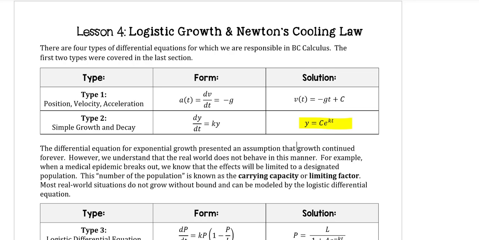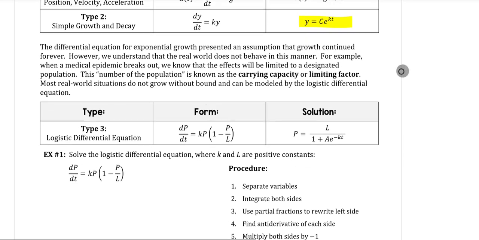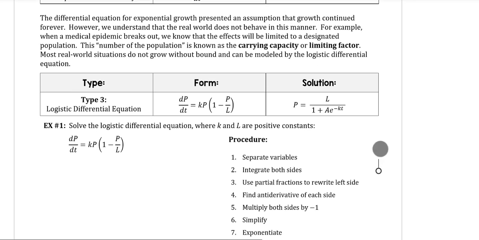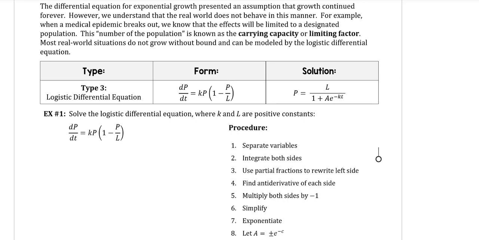Now in this lesson, we're going to talk about 2 different types of exponential growth. Well, one's not exponential growth. Newton's law of cooling is exponential, but it's not necessarily growth. But logistic growth is a more realistic form of exponential growth. We have talked about this in pre-calc: there is a limit to how much something can grow based on space, available resources, that sort of thing.